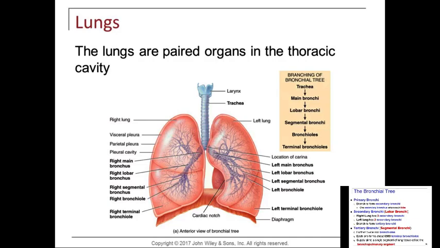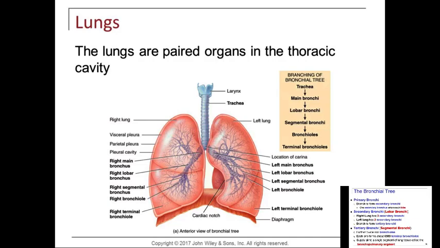The secondaries, now the right is going to have 3, the left is going to have 2, because remember the secondaries are going to branch right into the lobes. There are 3 lobes of the lungs on the right side, a superior, middle, and inferior lobe, and only a superior and inferior lobe on the left-hand side.